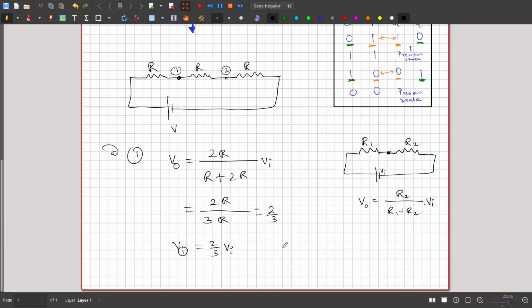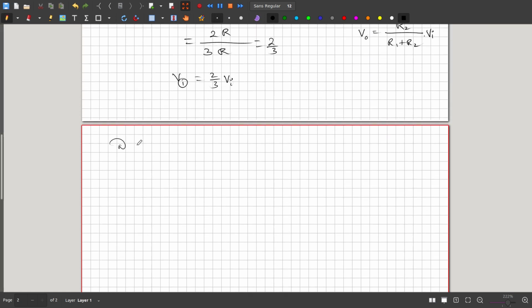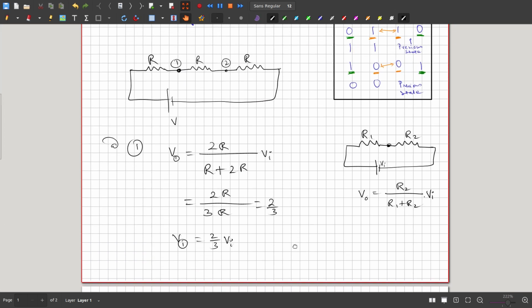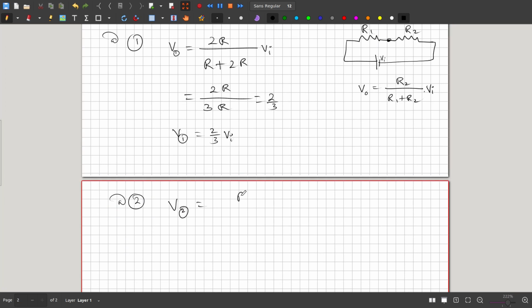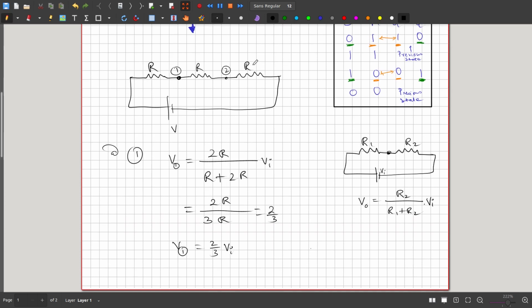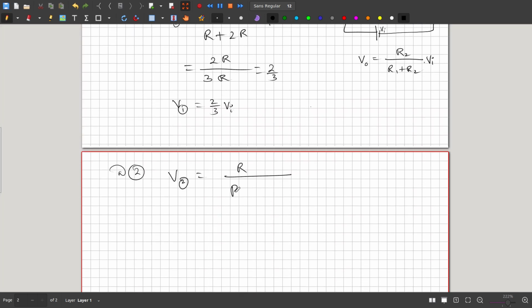Therefore the voltage at point 1 is two-thirds of the input voltage. Similarly, at point 2 we have the resistor R. Therefore the voltage at point 2 equals R divided by R plus 2R, which is R divided by 3R into V, so the voltage at point 2 equals 1 by 3 of the input voltage.